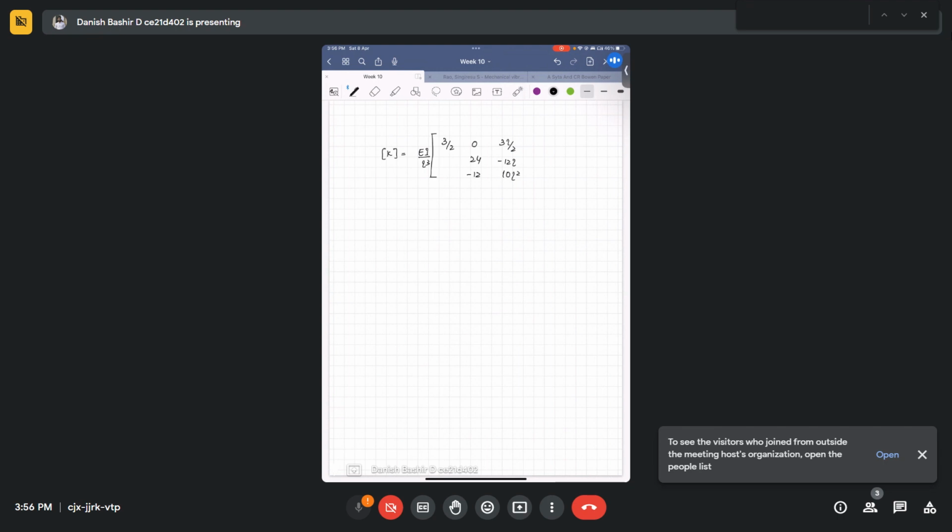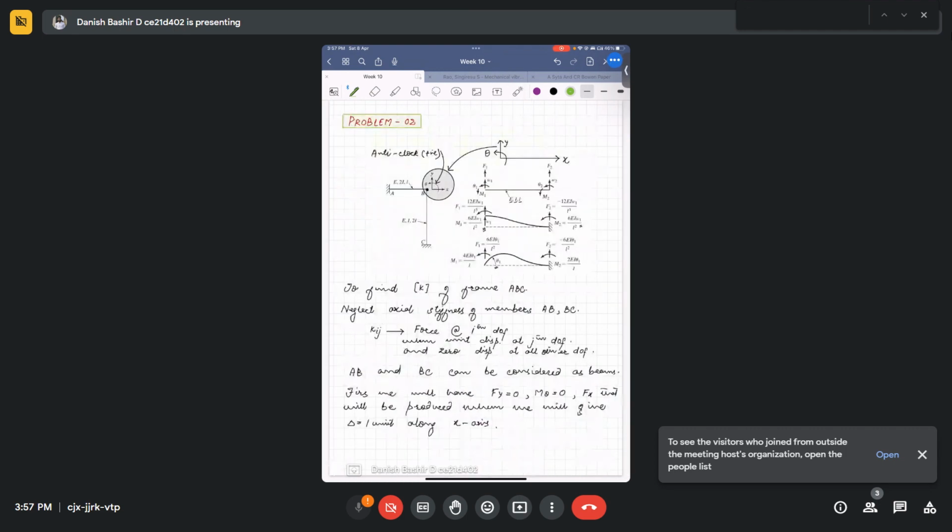Okay, other things are symmetric, 12L, 3L by 2, and 0. This is the required stiffness matrix of our frame. So we derived the stiffness matrix for this type of frame problem.